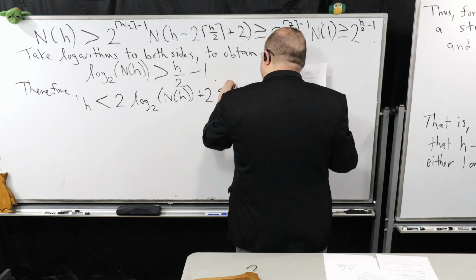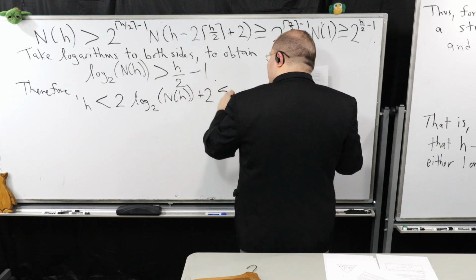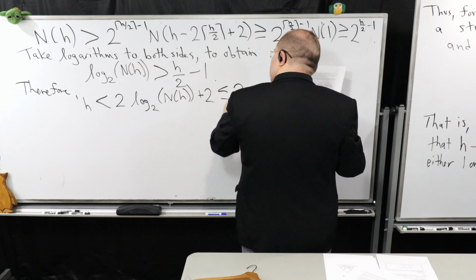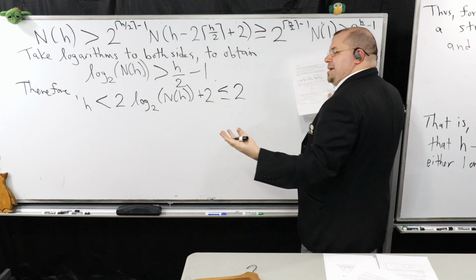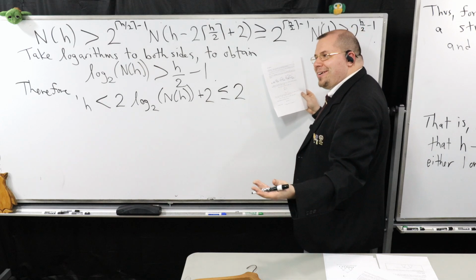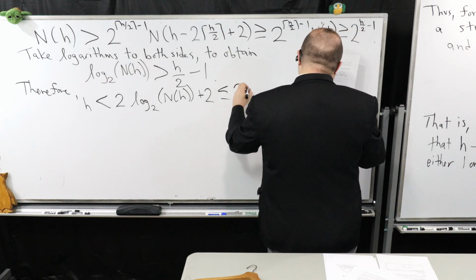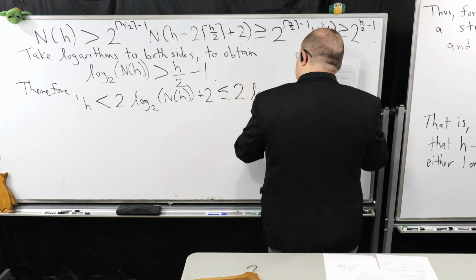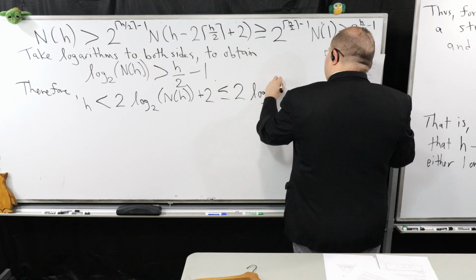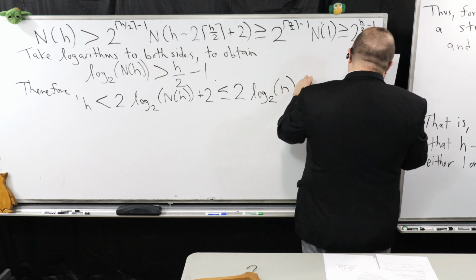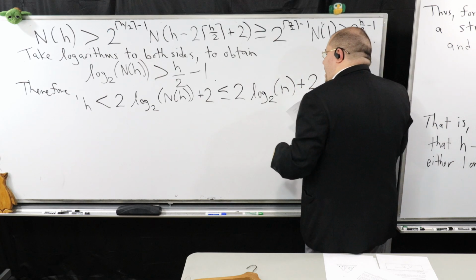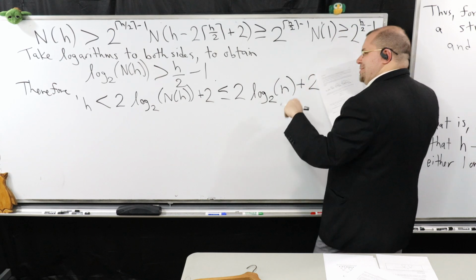So I could just simply say, well, n of h has to be no more than n, right? Because surely what n here is, that will be sufficient. And we're done.